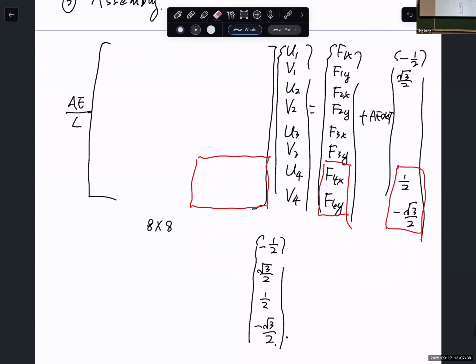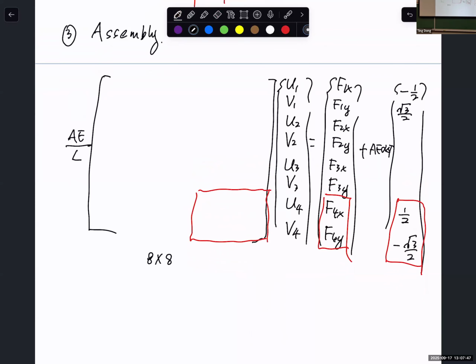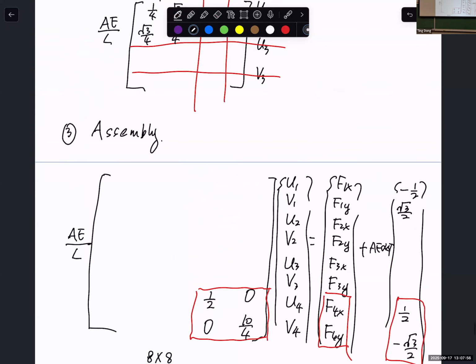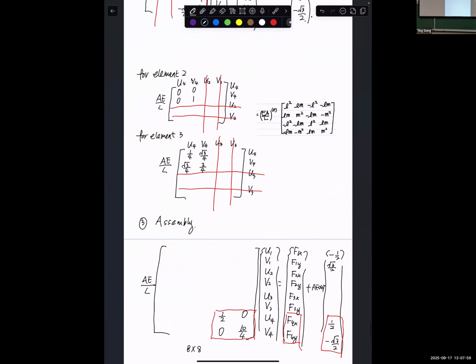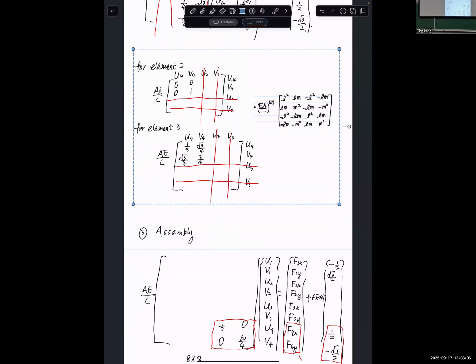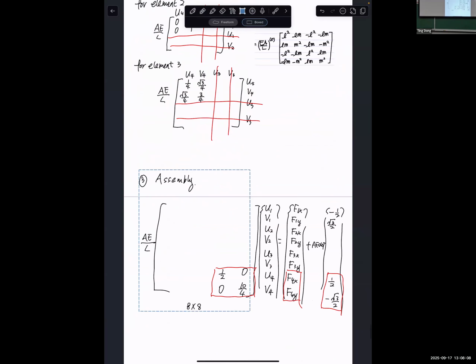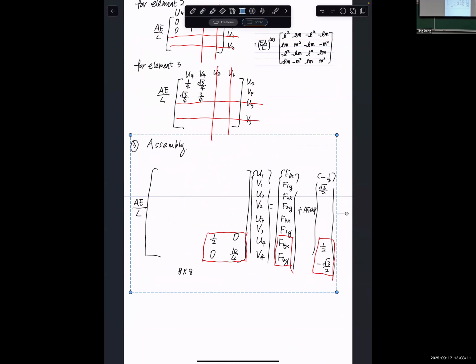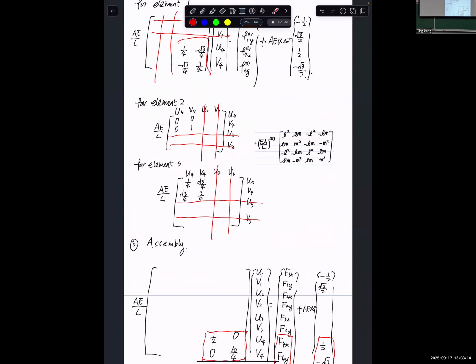So now we have the 4 components right here: 1/2, 0, 0. Let's try to rotate this one so you can see the whole thing. We have this one plus this one plus this one equal to 1/2, right?